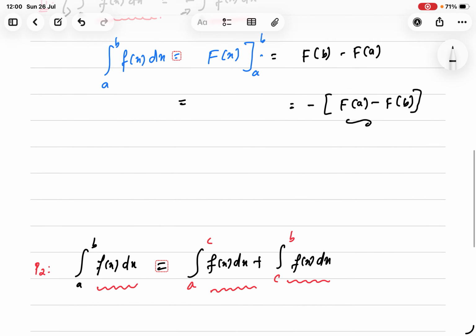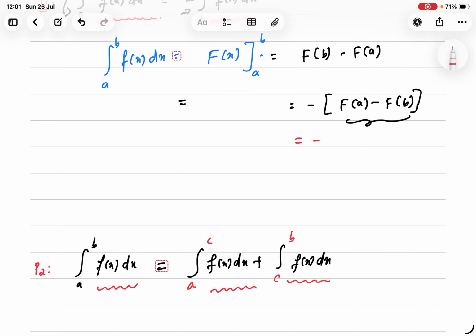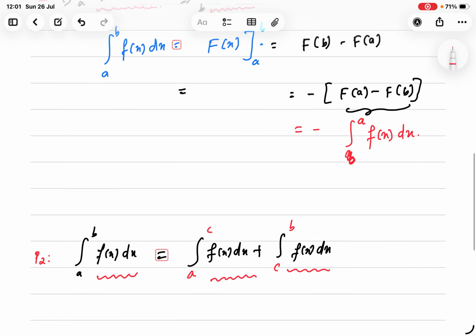Then again this integral is nothing but minus the integral with the higher range a and the lower range b. Now the ranges are the same and the function is f of x with respect to x.